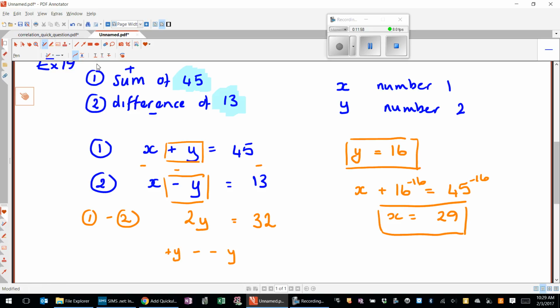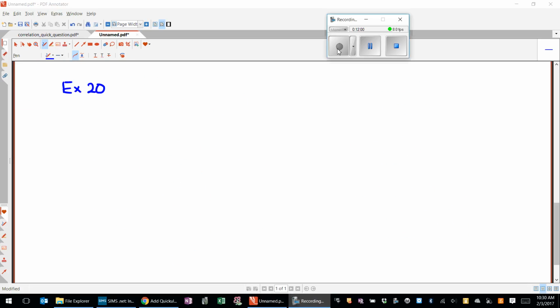Okay, example 20, let's go through it. So it says, when shopping in Jamaica, 5 coconuts and 14 bananas cost me $8.70. 8 coconuts and 9 bananas cost me $9.90. Okay, so just make a sketch of that.